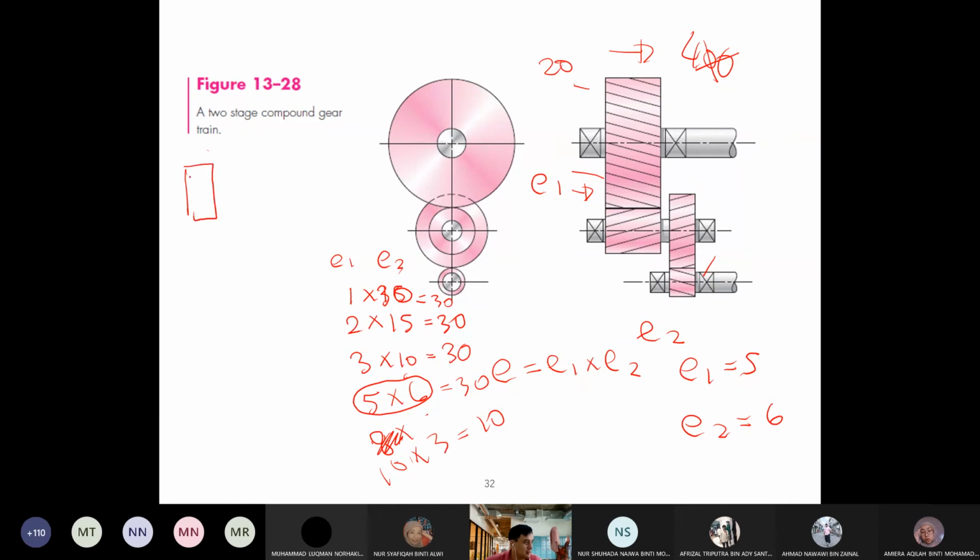This is the gear, the first adalah N2. This is the shaft. This is another gear. There's a shaft as well connecting to these other gears. Dan dia ada satu gigi kat sini.